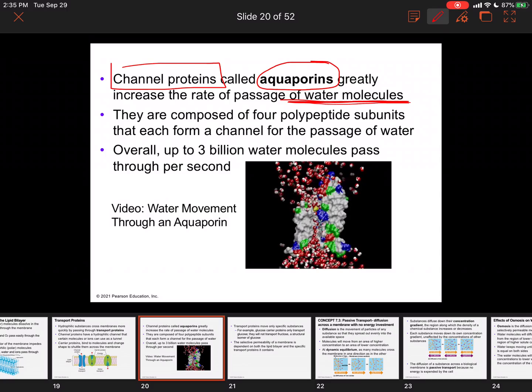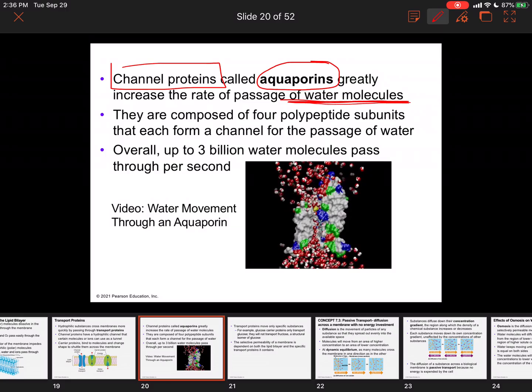And it says overall up to 3 billion water molecules pass through the cell membrane per second. And so our cell membranes are very, very busy moving these water molecules across. And this is why you become very ill very quickly if you become dehydrated, because we need a lot of water to perform all of the chemical reactions that are taking place inside of our cells.